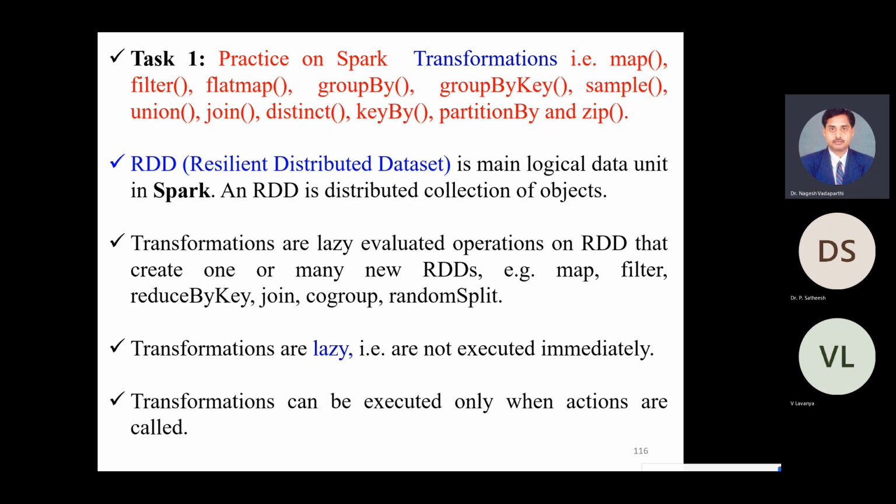Suppose in your class, 60 students are there. I'm creating an IT students data set with serial number, name of the student, roll number, email ID, marks, average, total, and pass or fail. These are the columns, attributes and dimensions.